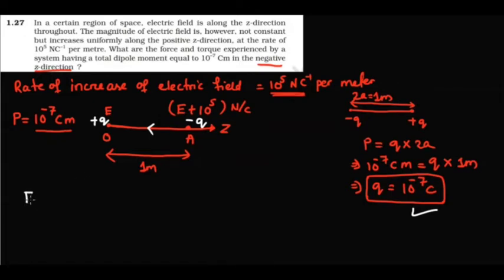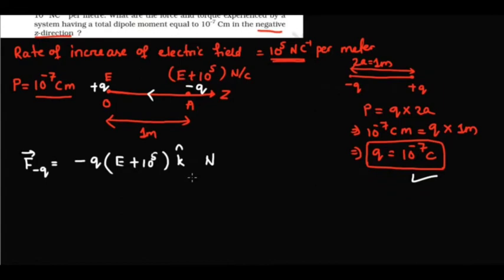So F minus q vector is equal to minus q into the electric field at A, because the negative charge is placed at A. The electric field at A is E plus 10 to the power 5, and the direction of the electric field is along the z direction, that's why I can write k cap here. Is that clear? This much Newton is the force acting on the negative charge particle.